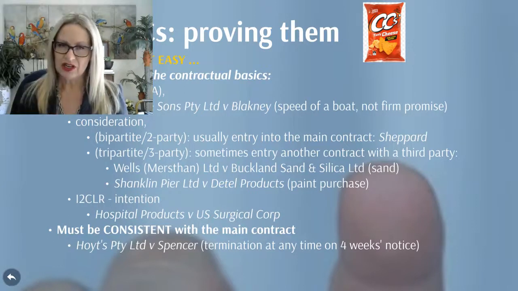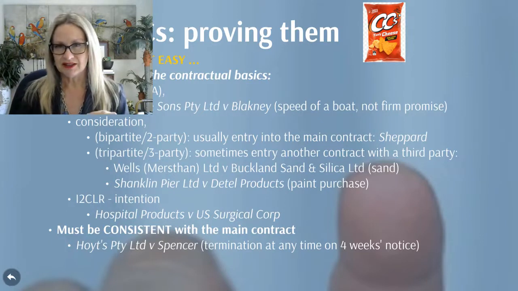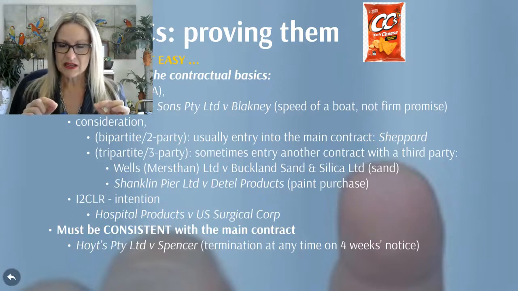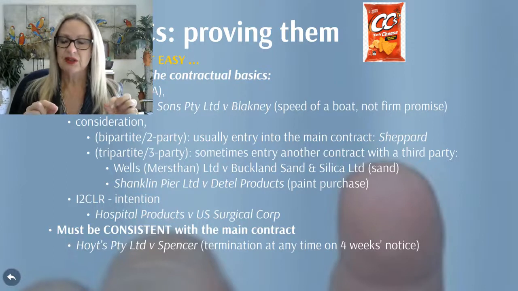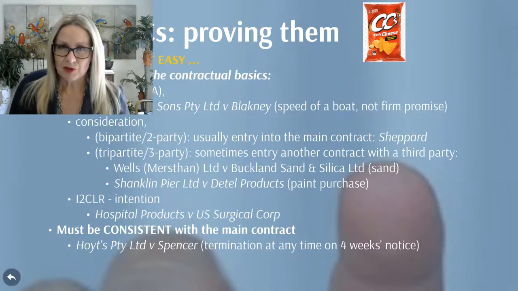It can get a little trickier, and the text goes into this, where you have a tripartite arrangement in terms of consideration. So if you think back to our videos on consideration, sometimes consideration for one party entering into a contract can be that the other party to the deal enters into a contract with a third party, and that can be the same for collateral contracts as well.